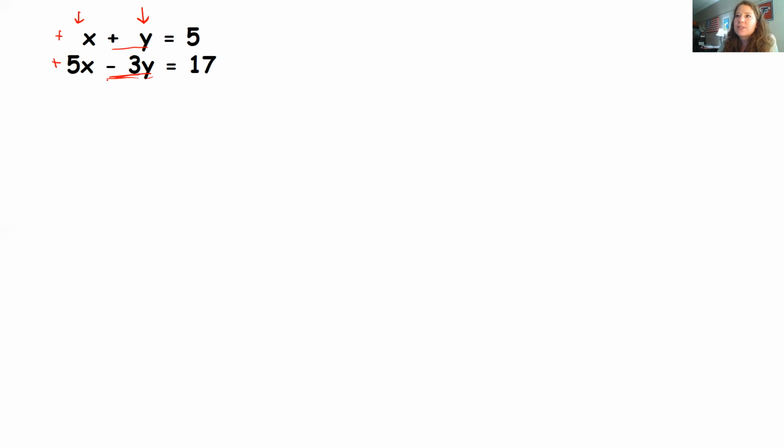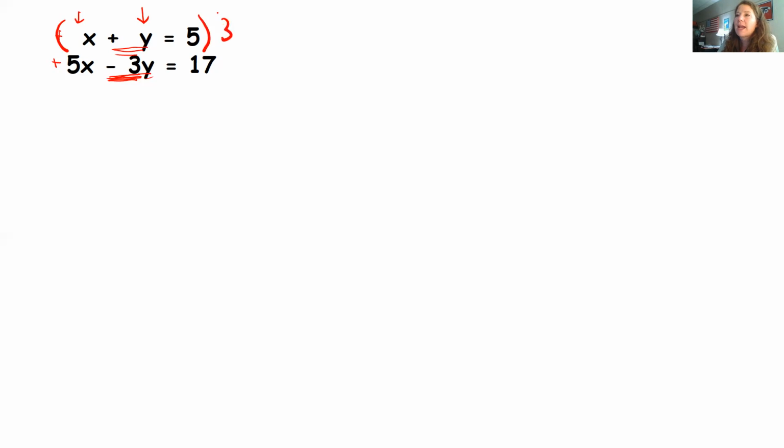So the coefficient with the greatest absolute value is negative 3. So what would eliminate a negative 3? Well, the answer is positive 3. So if I can make this y a positive 3y, my y's would eliminate, right? Well, the only way to make y equal positive 3y is to multiply by 3.